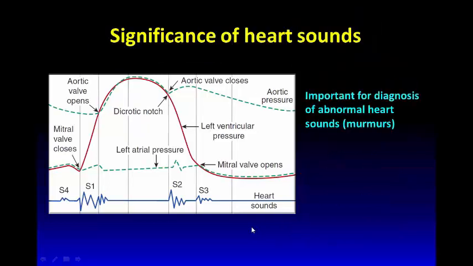So, why do we auscultate the heart and listen for the first heart sound and the second heart sound in particular? This is important for the diagnosis of abnormal heart sounds. The abnormal heart sounds are known as heart murmurs or cardiac murmurs.